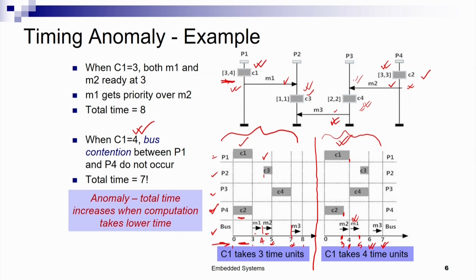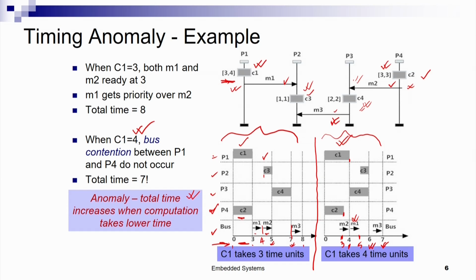So, when C1 takes 3 time units, the overall process completes in 8 time units. When C1 takes 4 time units, the overall process taken is only 7 time units. Okay. So, this is an anomaly. Why? Because the total time increases when computation takes a lower amount of time.